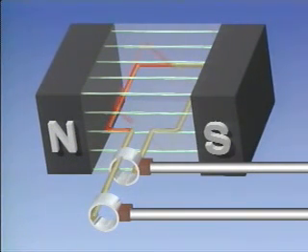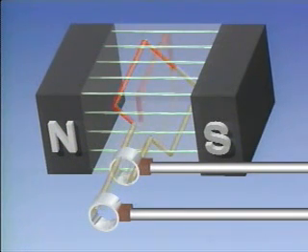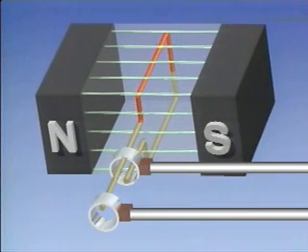As the rotation continues from 270 degrees to 360 degrees, the induced voltage decreases because the angle between the conductor and the lines of flux decreases. When the conductor completes its rotation at 360 degrees, no voltage is induced because the conductor is again moving almost parallel to the lines of flux.